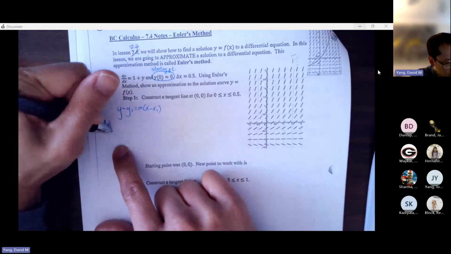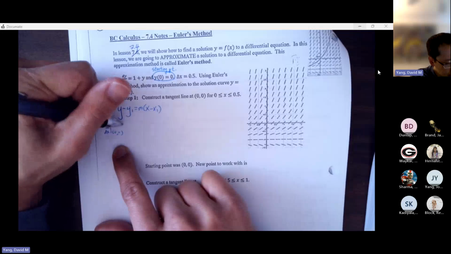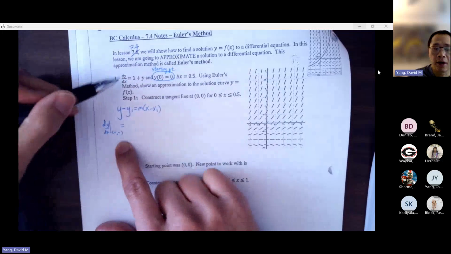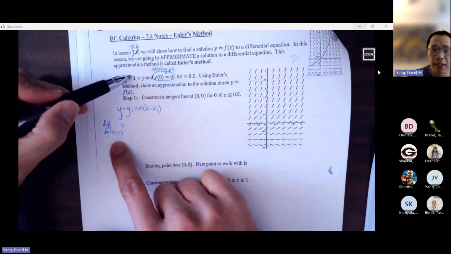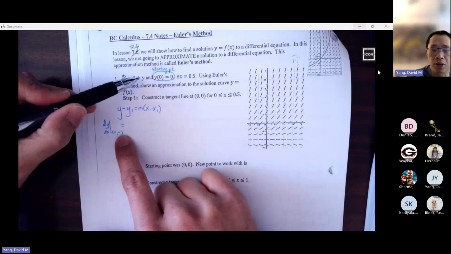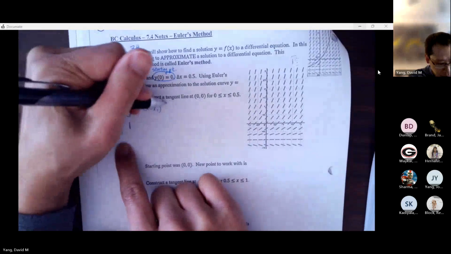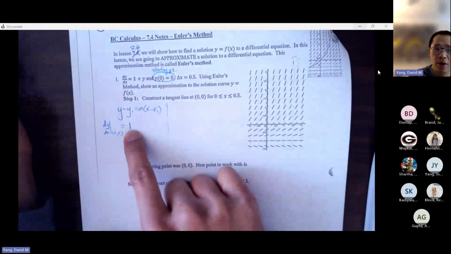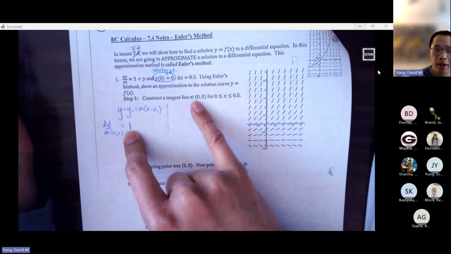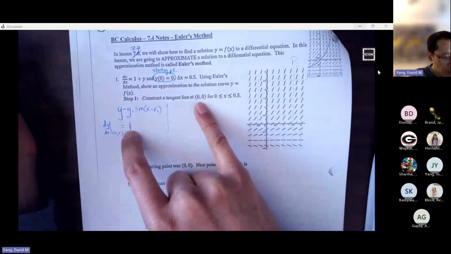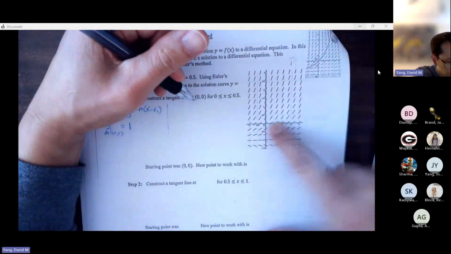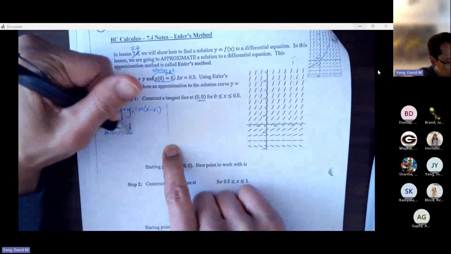Now our slope is coming from this dy/dx. So we know that dy/dx at (0, 0) is equal to, now there is no x value for us to plug in, so we're just going to plug in 0 for y. So 1 plus 0 is 1. So we have our slope, we have our ordered pair, and then we'll do point-slope from this point moving forward.